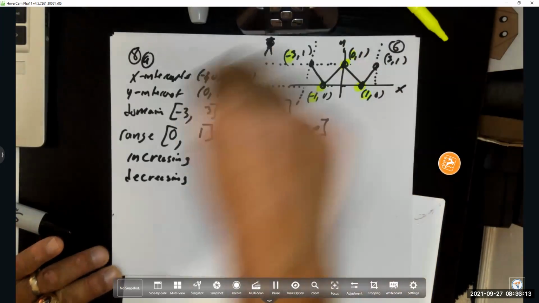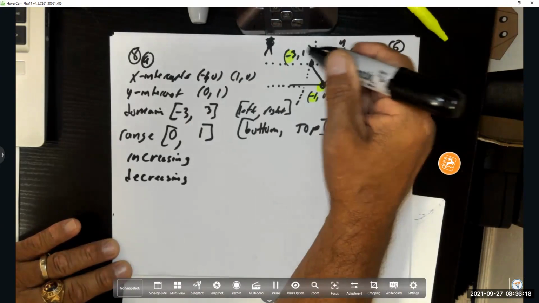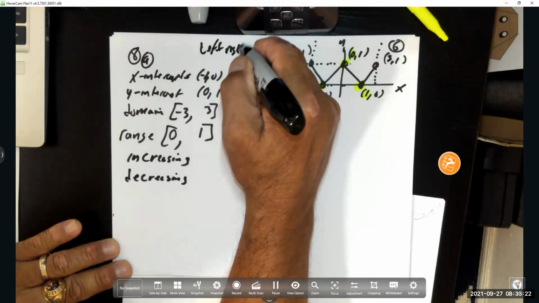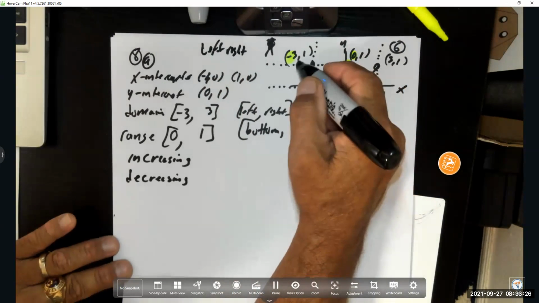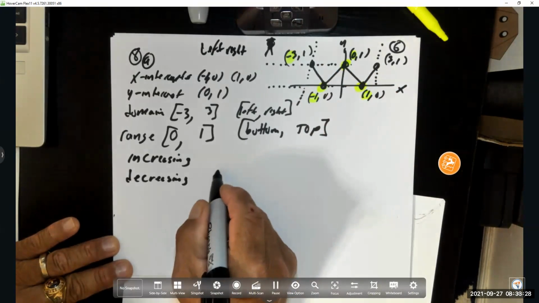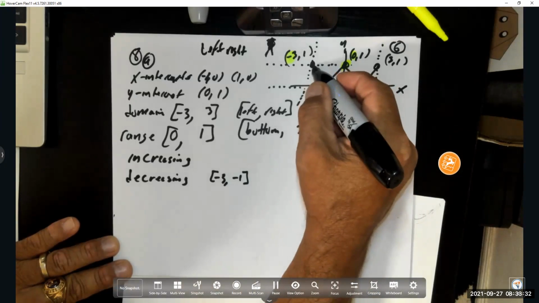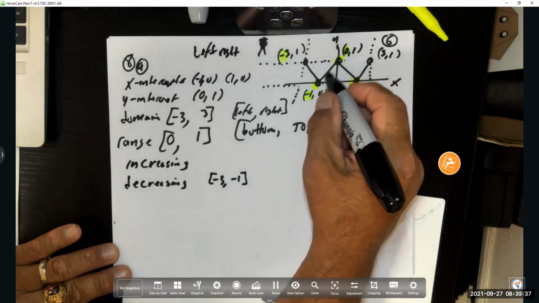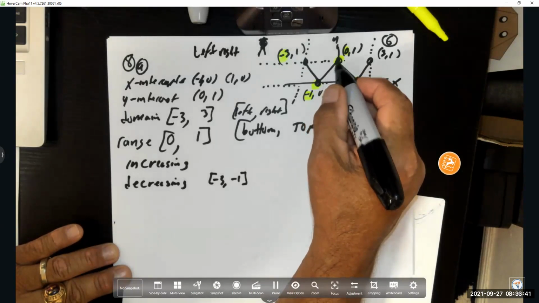First numbers only, ready? So from -3 to -1, if you're going on this graph from the left to the right, are you going downstairs? Are you decreasing or increasing? Decreasing. Yeah. So from -3 to -1, it's decreasing. So right here, you're gonna put -3 to -1. It's going down. And then first numbers again, from -1 to 0, what's going on now? Increasing.